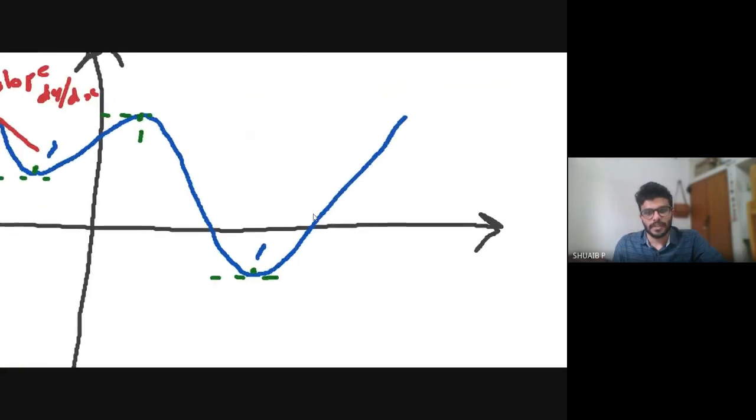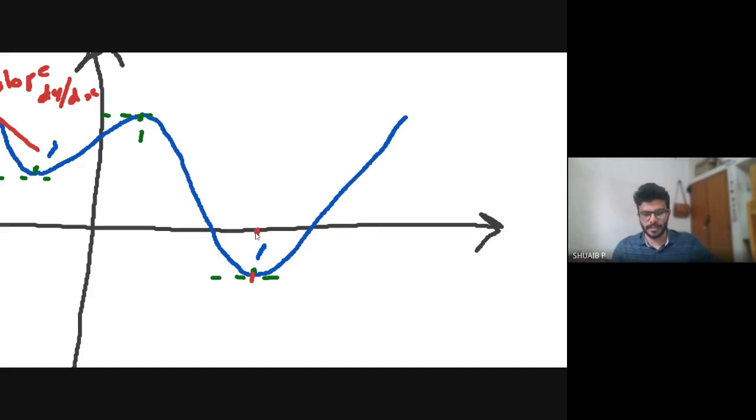If you think of taking the derivative here, you can see the derivative will be 0 at this point. And prior to this point, the function is decreasing. So the rate of change of y with respect to x is negative.